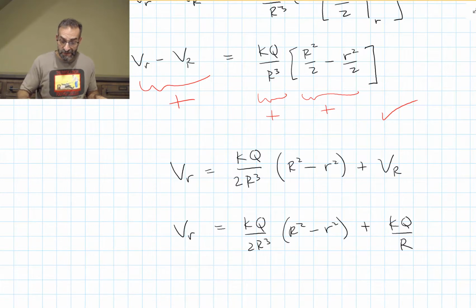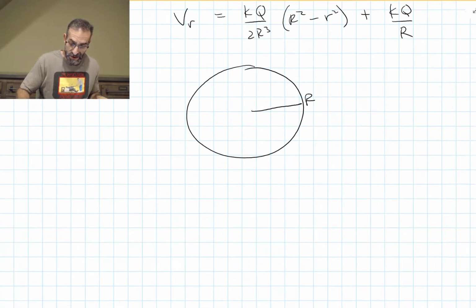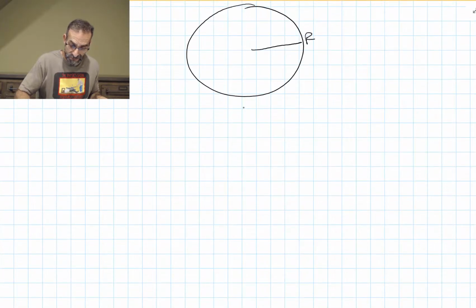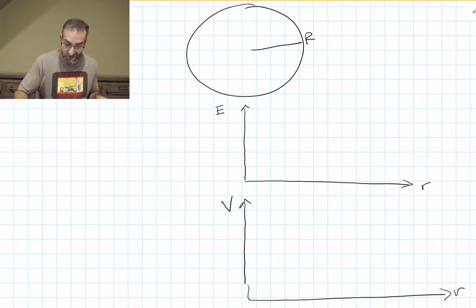Let's plot this and see what it looks like. Here's our sphere, radius r, the electric field as a function of r, and the electric potential as a function of r.